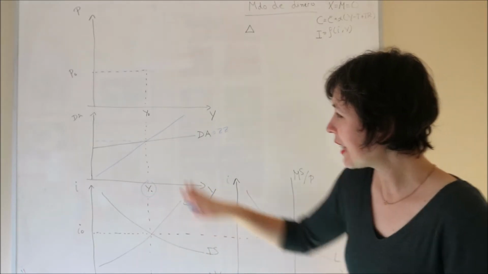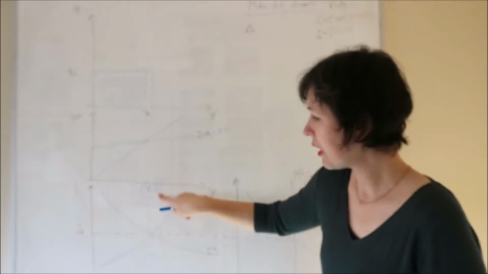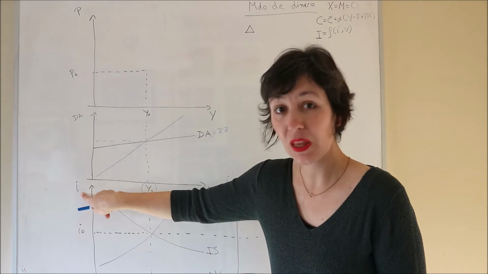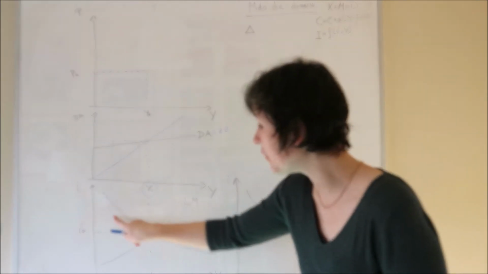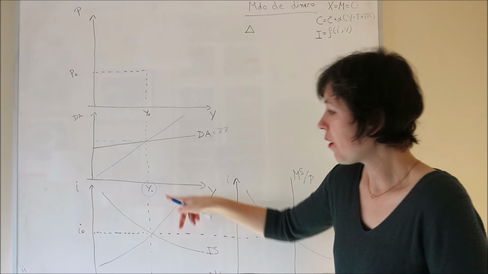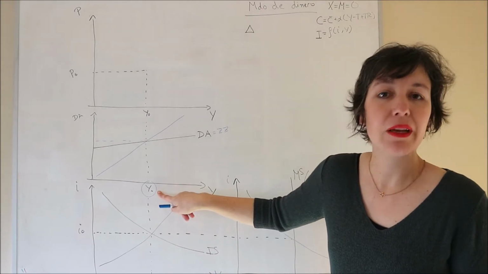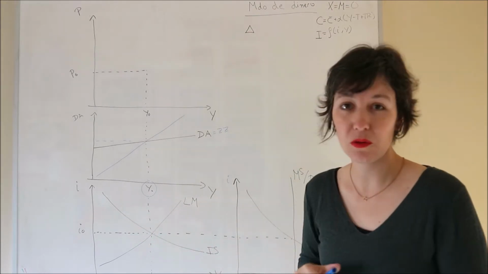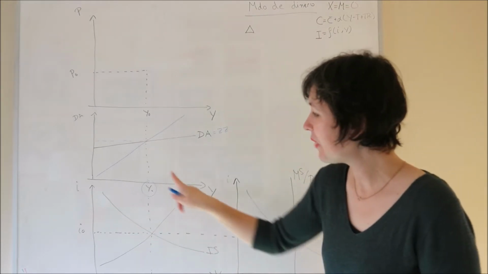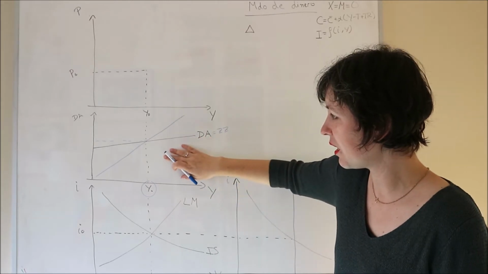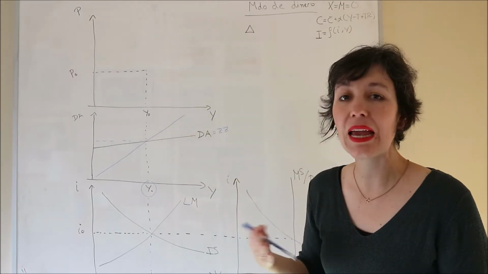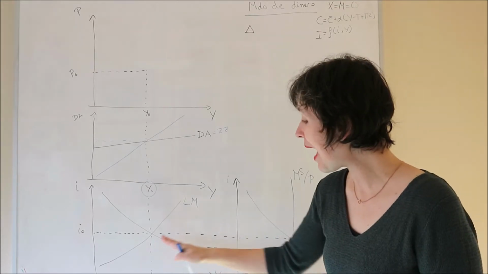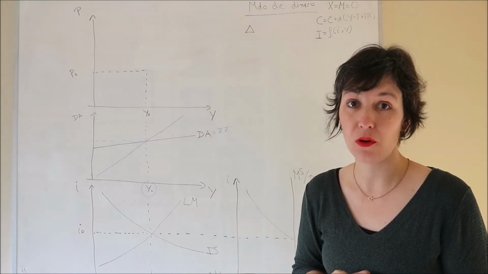So if you see any change here in the level of production, given a change in the interest rate, what is happening is that you are moving along the curve. So if the level of production increases because the interest rate decreases, that is a movement along the curve, okay? But if the level of production is changed because of anything that is not the interest rate, in that case, the whole IS curve is going to shift, okay?